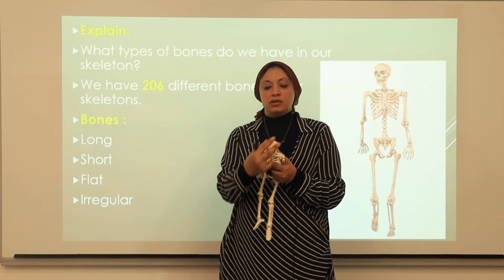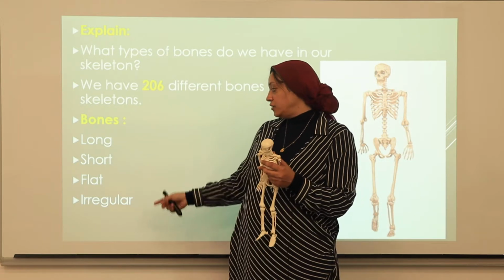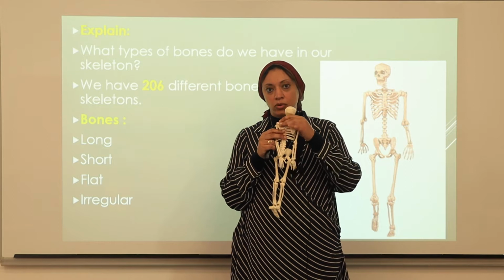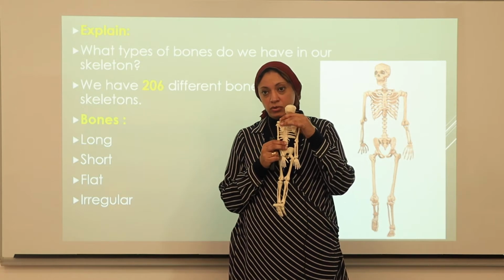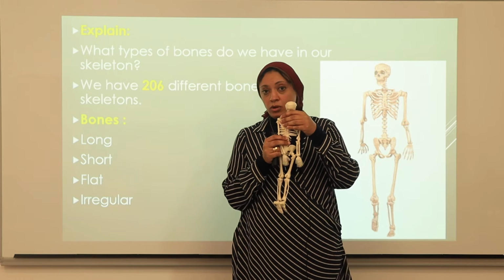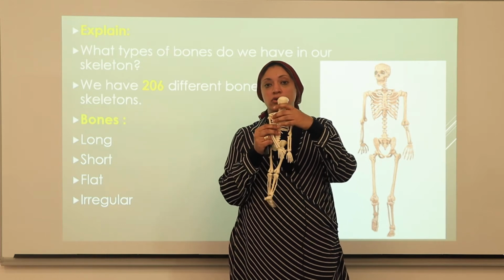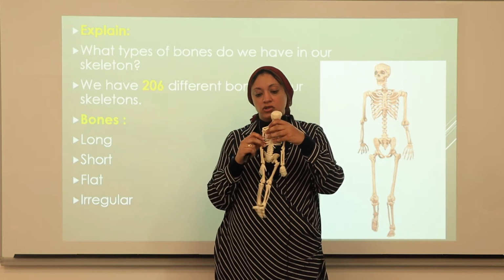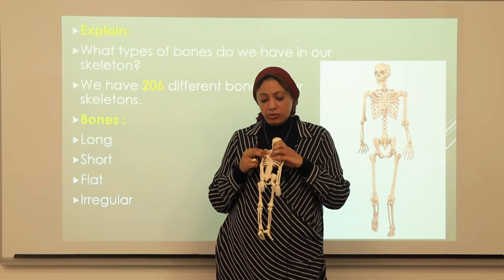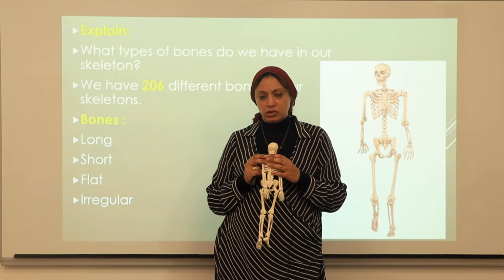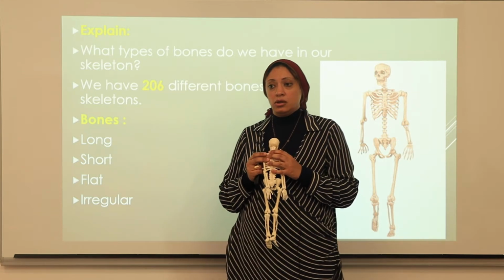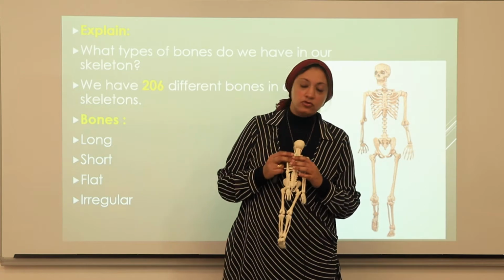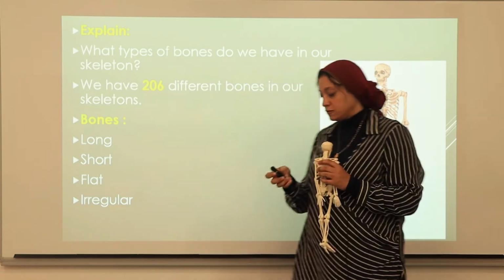Flat bones are like the skull bones, and irregular bones are like your spine, or backbone. They are not smooth, and these bones are called vertebrae. One is a vertebra. It is not one bone, because one bone would not help you bend your body. There are different bones to help you bend your body in different directions.